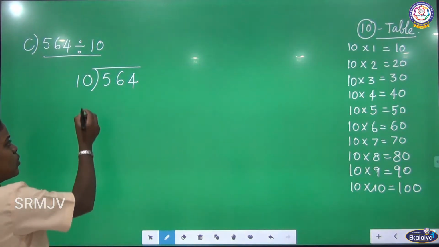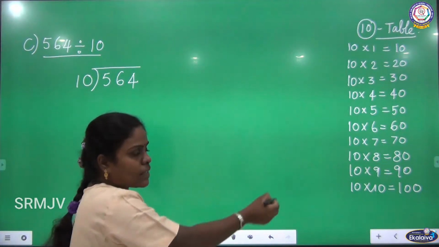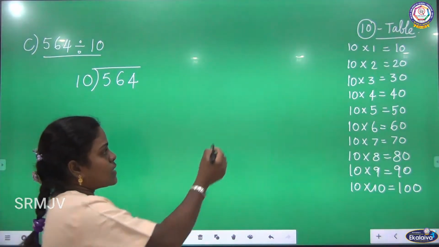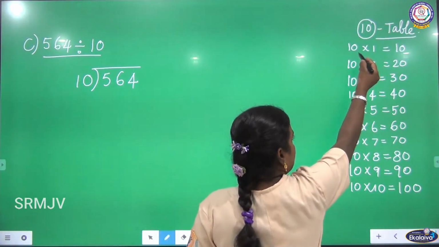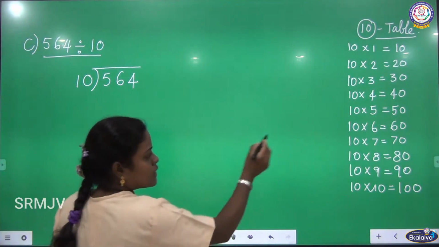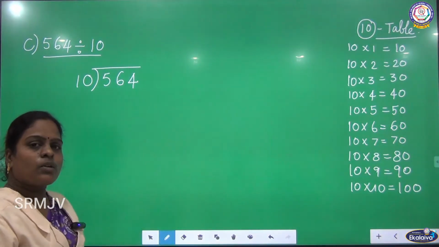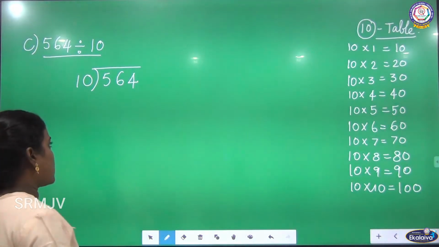As I told you, here the divisor is 10, so we have to recite the 10th table. Just go through the tables. Why do we have to choose 56 alone? Yes, I will tell you.